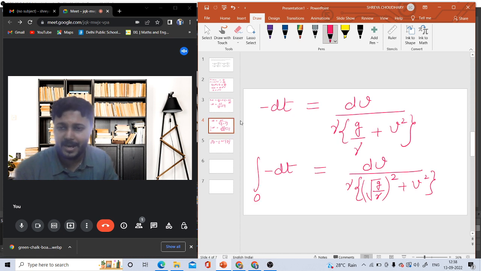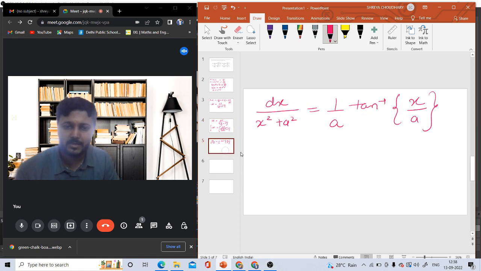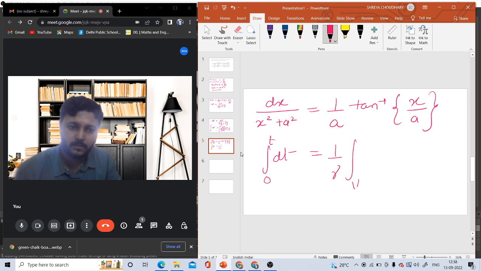Suppose we have thrown the ball at t equals 0 and it has reached the maximum height at time t. The initial velocity is v0, that we know very well, and the velocity at the peak will be equal to 0. So if we take gamma as common, then we will have 1 upon gamma, the integral from v0 to 0 of dv upon (under root g upon gamma) whole square plus v square.